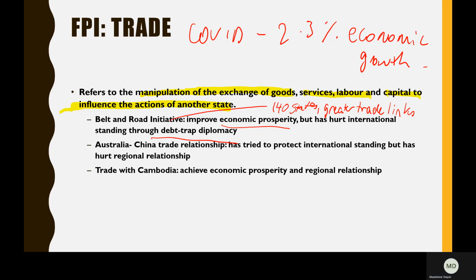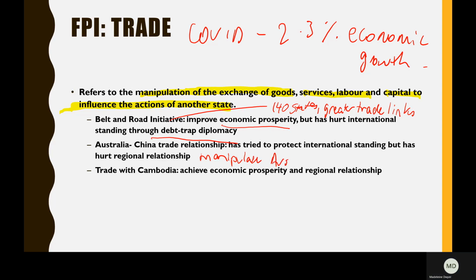Now, also with trade, I think this is a good example of China using its economic power to pressure a state and using trade as a weapon. I wouldn't maybe quote that, but trade is being used to manipulate Australia.